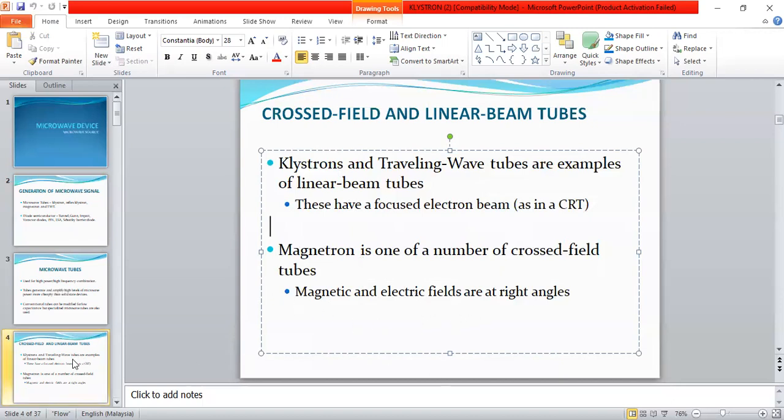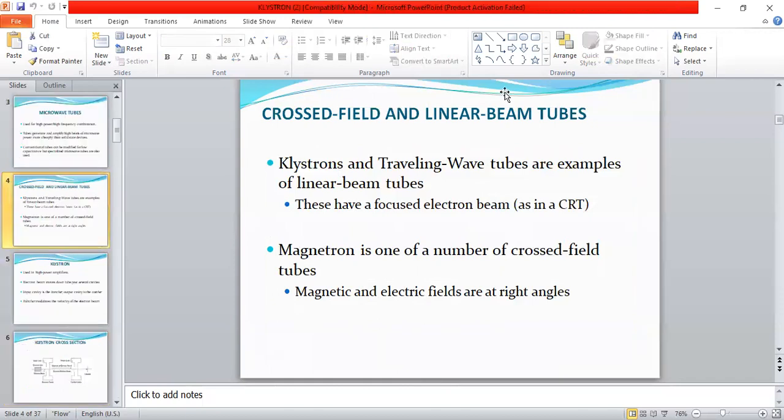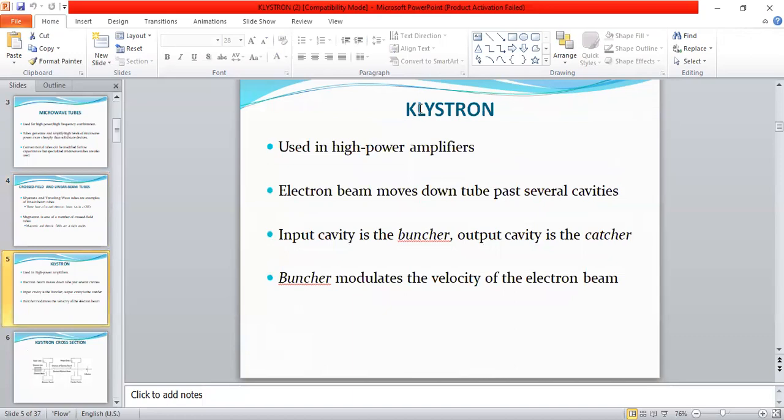Now, how will the linear beam tubes work? Here, the first example of a linear beam tube is the klystron. These klystrons are considered as amplifiers as well as oscillators.